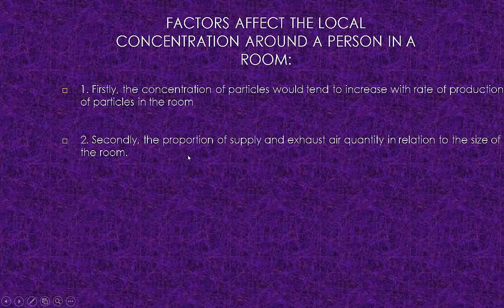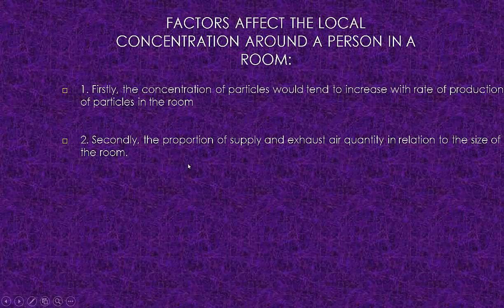Secondly, the proportion of supply and exhaust air quantity in relation to the size of the room. If the supply and exhaust system in relation to the size of the room is good, then the concentration of particles will decrease.